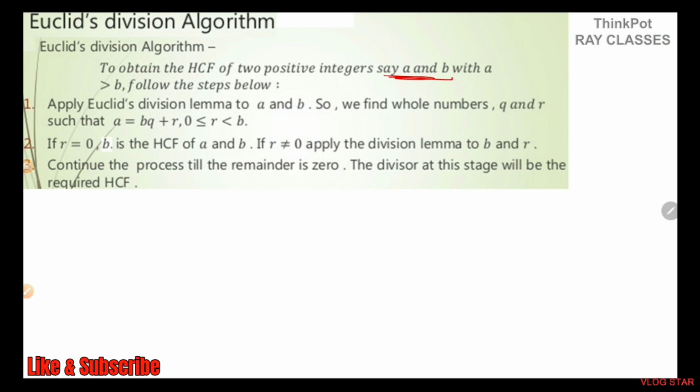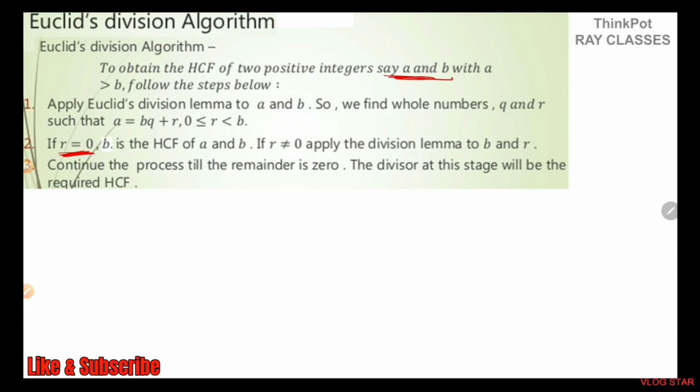Very simple steps are to be followed. We have to first decide which number is larger. Take that as a and divide that number by the smaller number, and you have to keep on dividing unless you get your remainder 0.